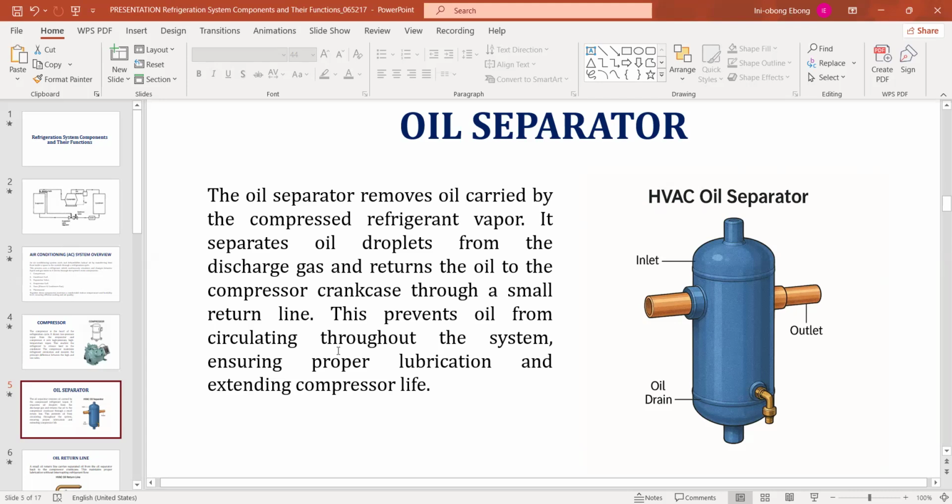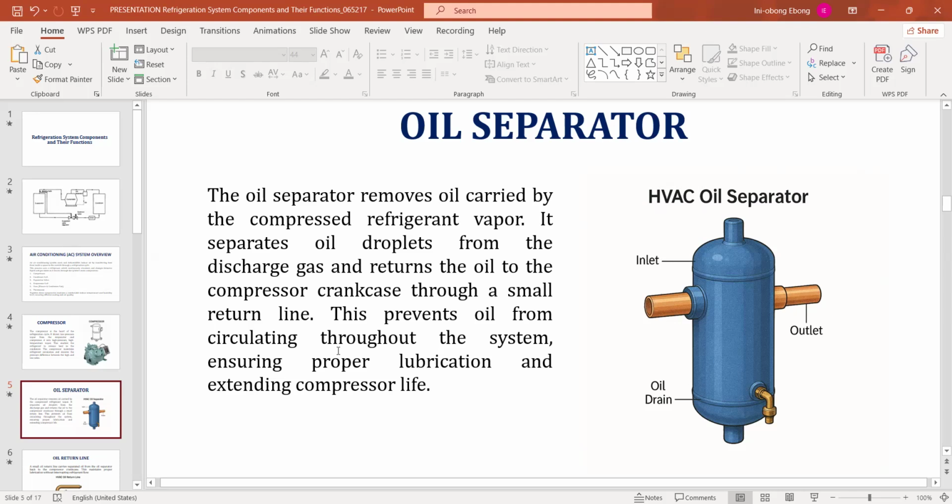In your automobile, the system is not like this. You can travel with that oil. The reason why, if your AC system, I'm talking about automobile now, is leaking, it is recommended to rectify the leaks instead of going to top up refrigerant. Because not all the technicians out there will understand that when you are topping up a leaking system, you are supposed to add oil.